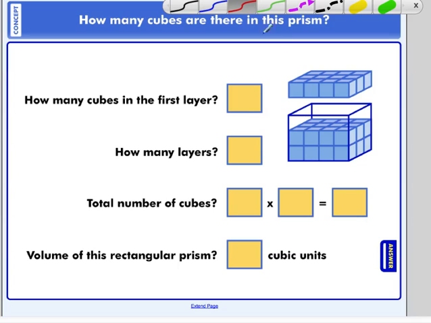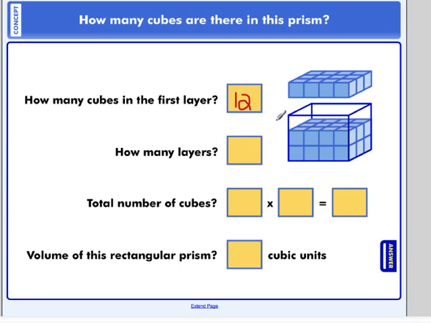We think, how many cubes in the first layer? Or in other words, what we're doing here is we're finding the area of the bottom layer. So we've got 4 times 3, so there's 12 cubes in the first layer. And how many layers? There's 3 layers.